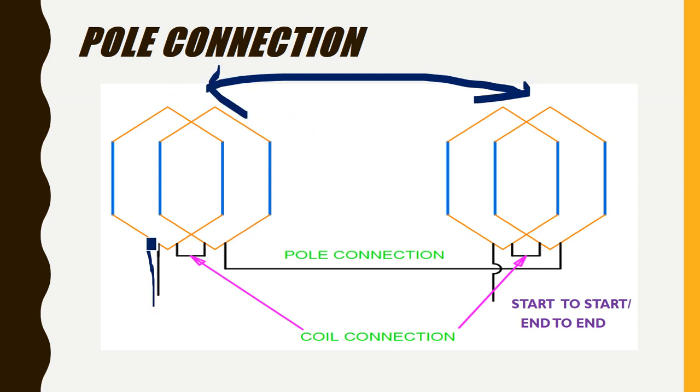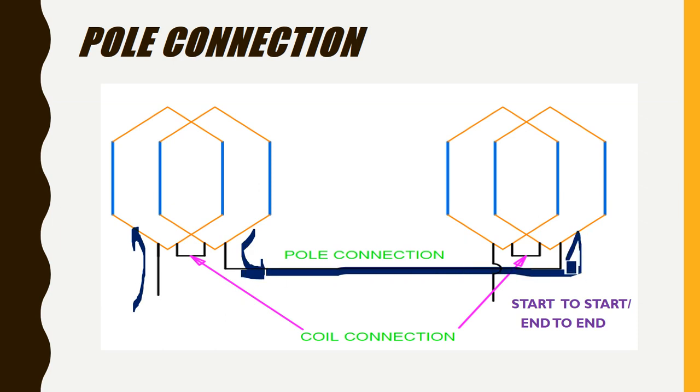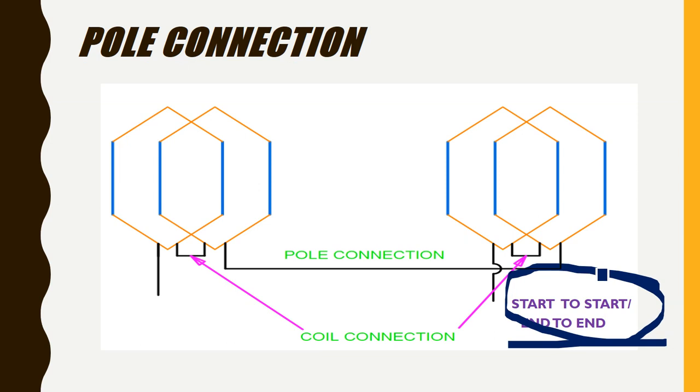So this is the start part, this is the finish part. This is the start of this coil group, this is the end of this coil group. The end of this coil group is connected to the end of the next coil group. So it is an end to end connection here. So the pole connection can be end to end connection or start to start connection.